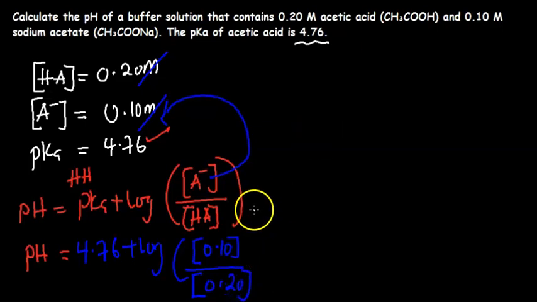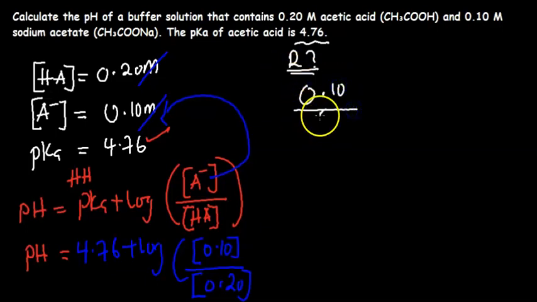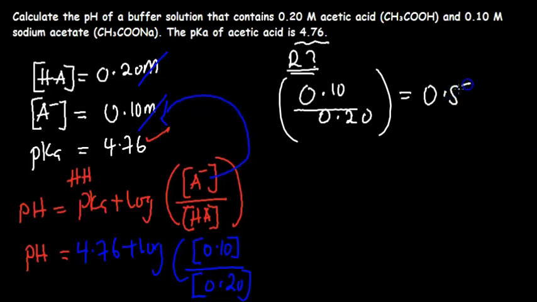At this point, the next thing we need to do is to calculate the ratio. This is going to be 0.10 divided by 0.20. If you divide, we are going to end with 0.5. Next, we take the logarithm of the ratio.